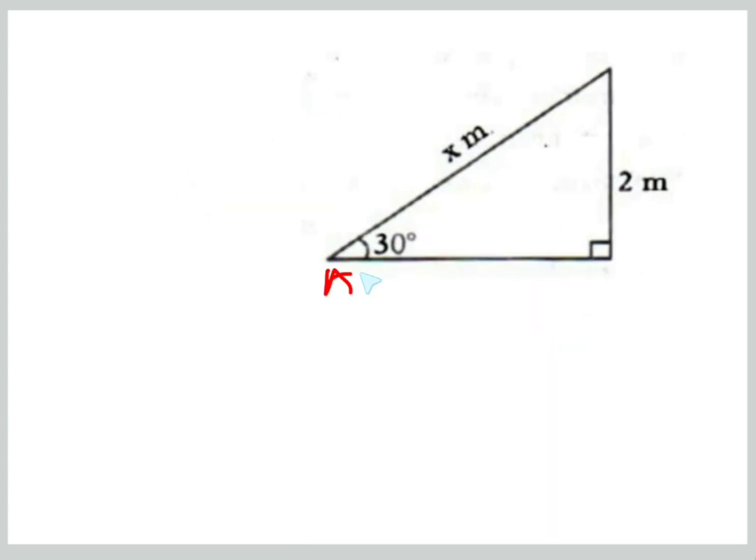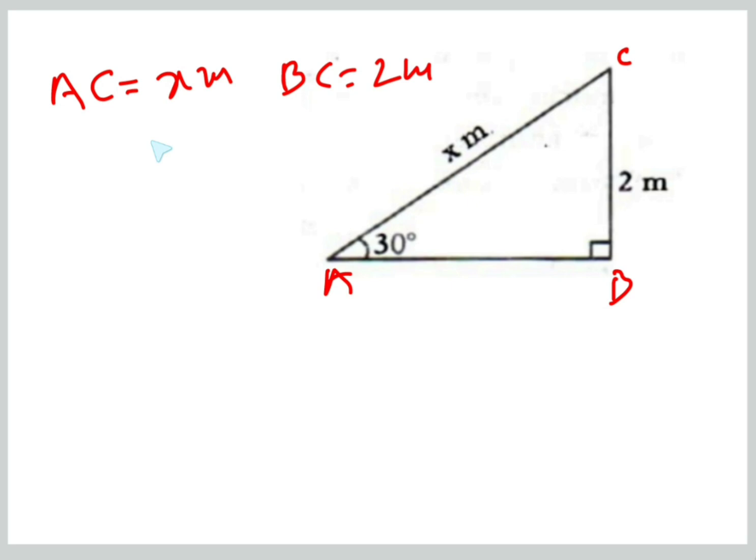Now we know that in triangle ABC, AC is equal to x meters and BC is equal to 2 meters.